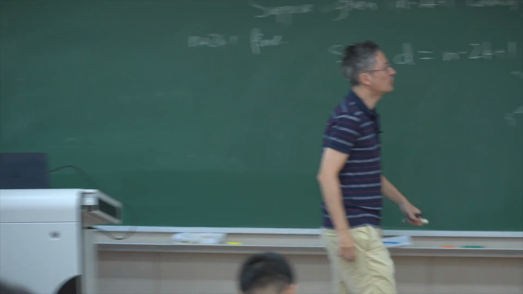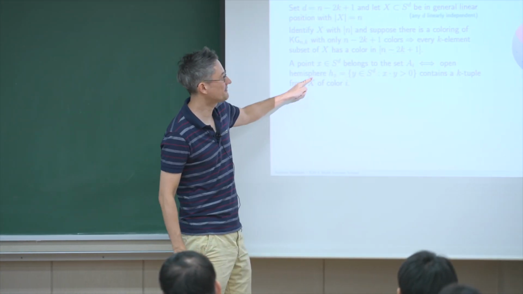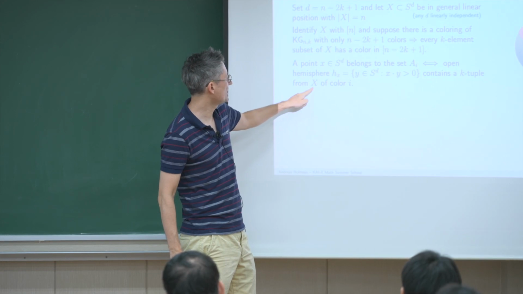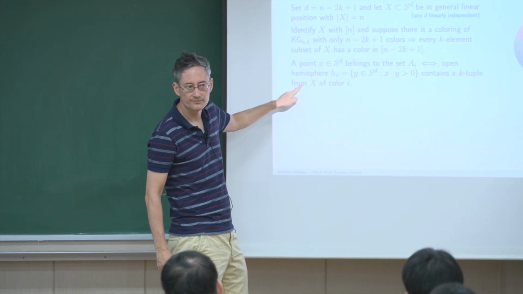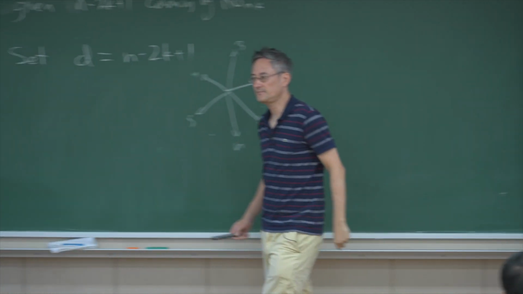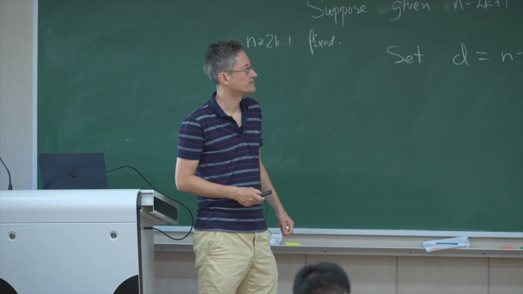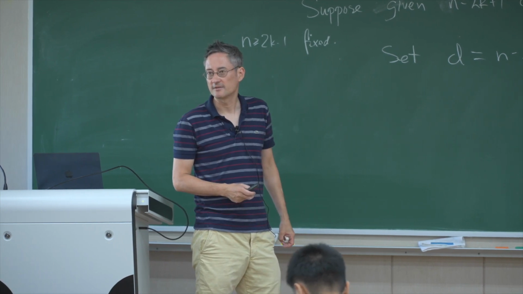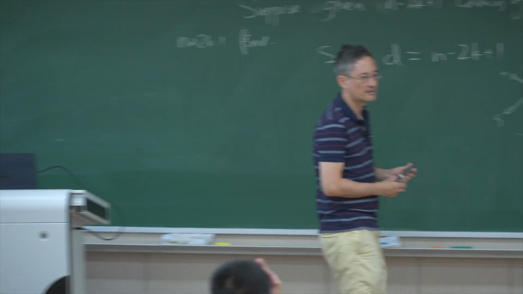And I will say that the point x belongs to some set A_i if and only if that open hemisphere contains a k-tuple from X with color i. So how many sets A_i am I getting in this way?